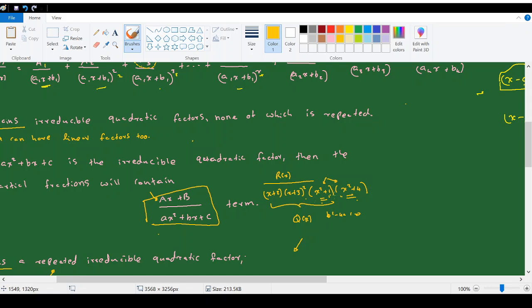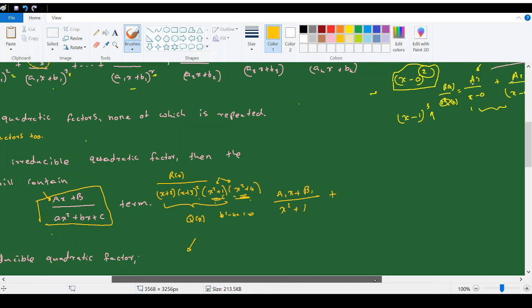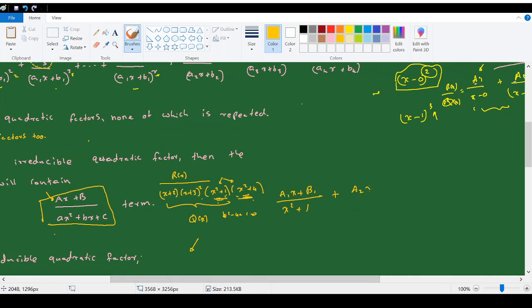So for this irreducible factor, that is x squared plus 1, we should allocate a first degree polynomial, and for this irreducible factor, we should allocate another first degree polynomial, and also we should find these a1s, b1s and these digits. There is a certain method and I will explain it in the next video.